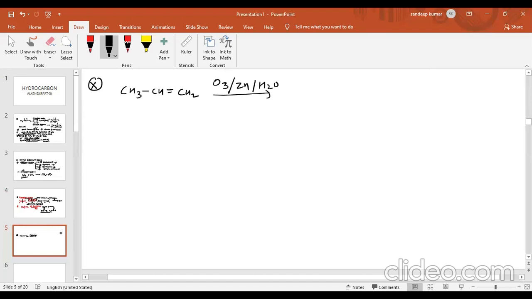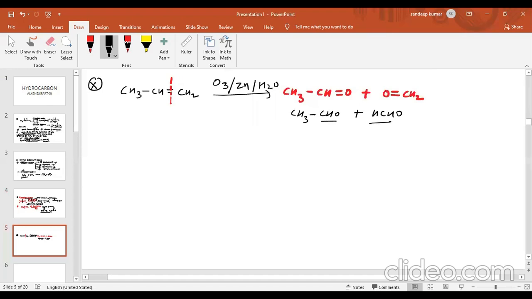The bond will break in such a way that the double bond breaks and oxygen is added on both sides. So this is double bond O and CH2. The product obtained is CH3CHO, and another product is HCHO. So one is ethanal and one is methanal.